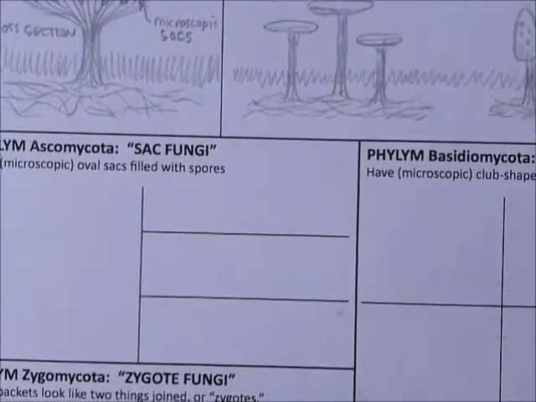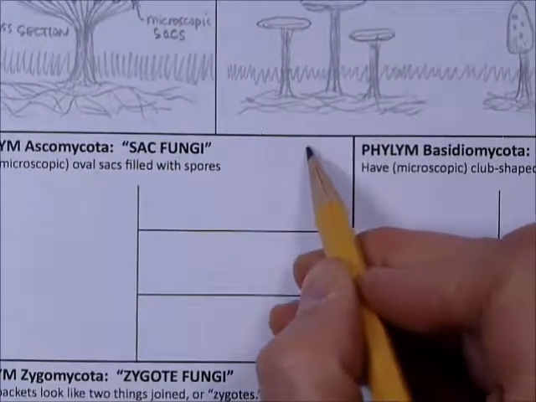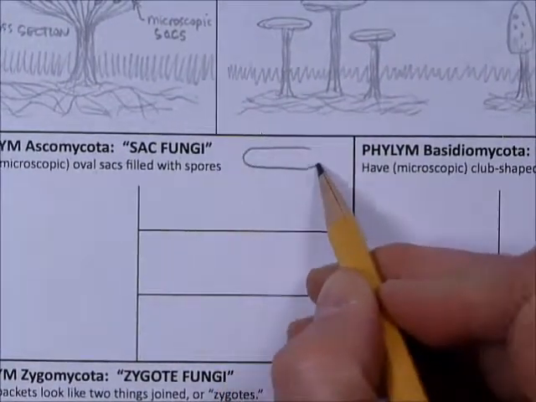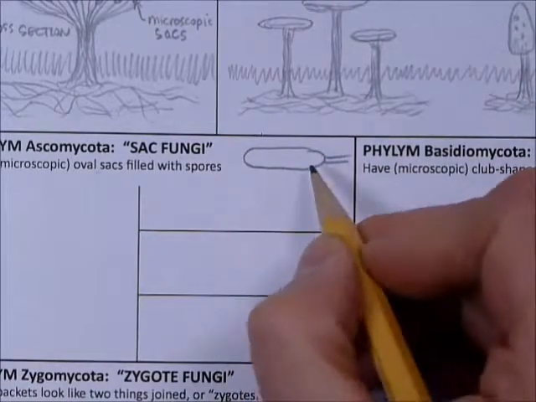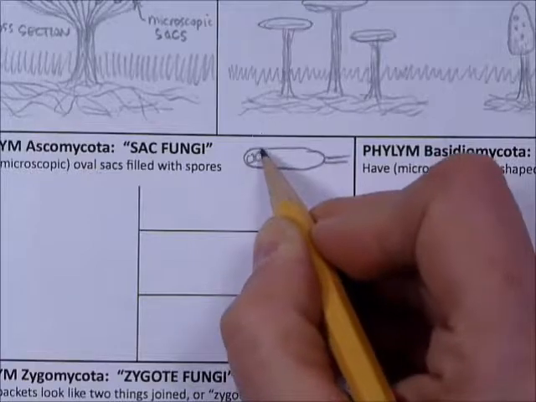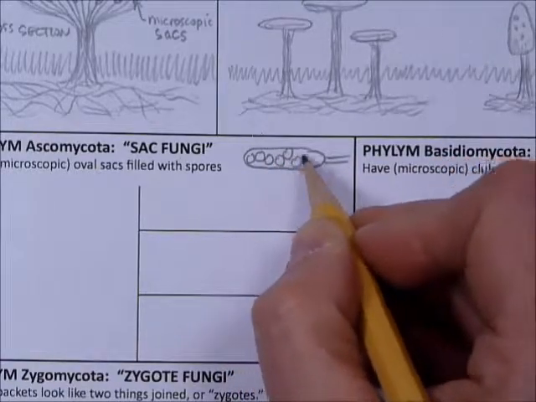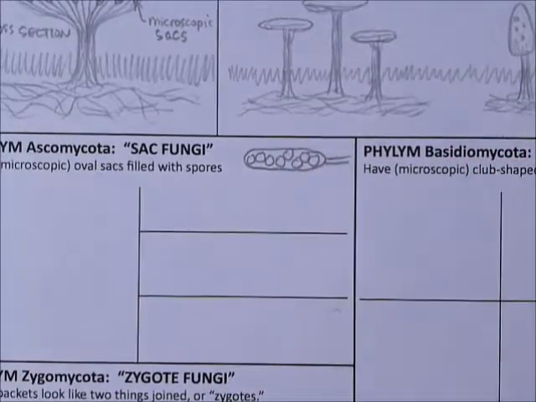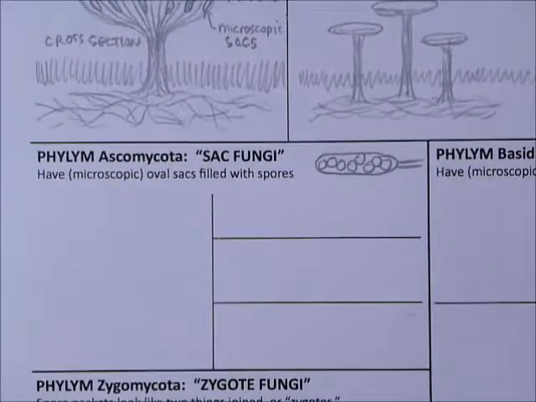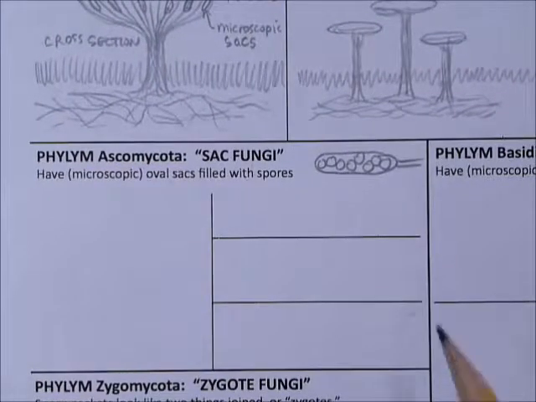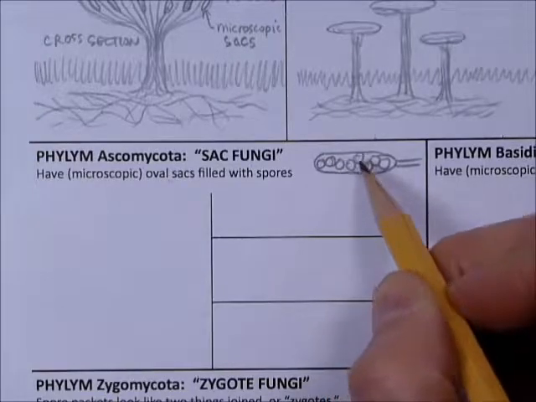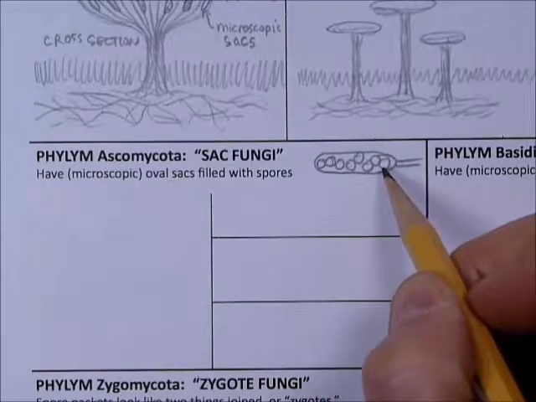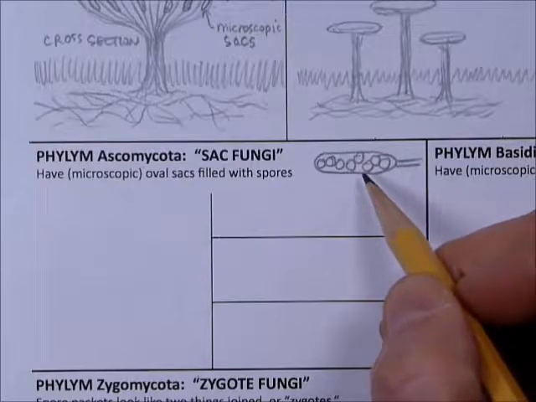So let's draw a sac here, this long sac, and it usually is on some kind of a stem. And make sure you put 1, 2, 3, 4, 5, 6, 7, 8 circles in it. And so each one of these is a spore that can grow into a new mycelium.